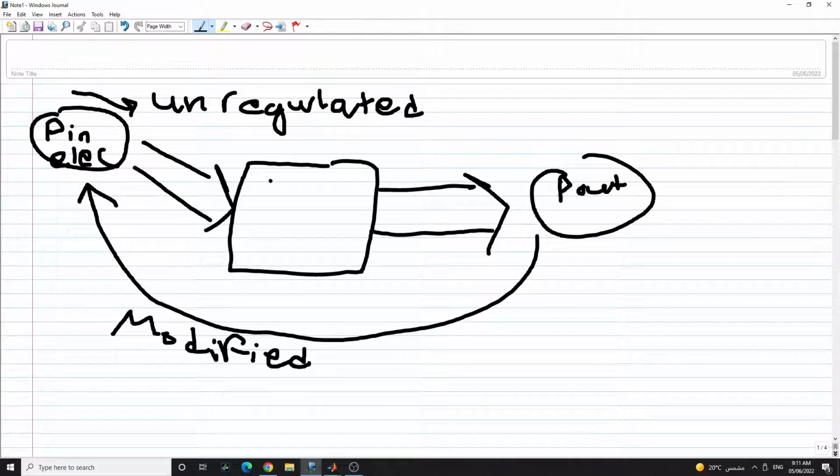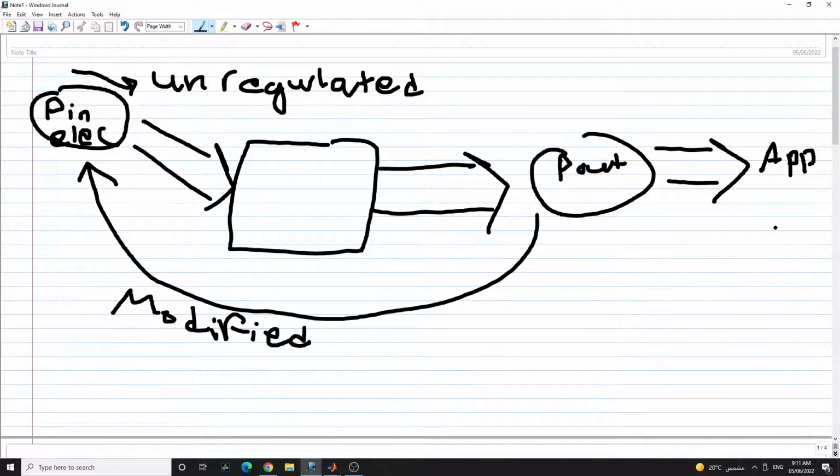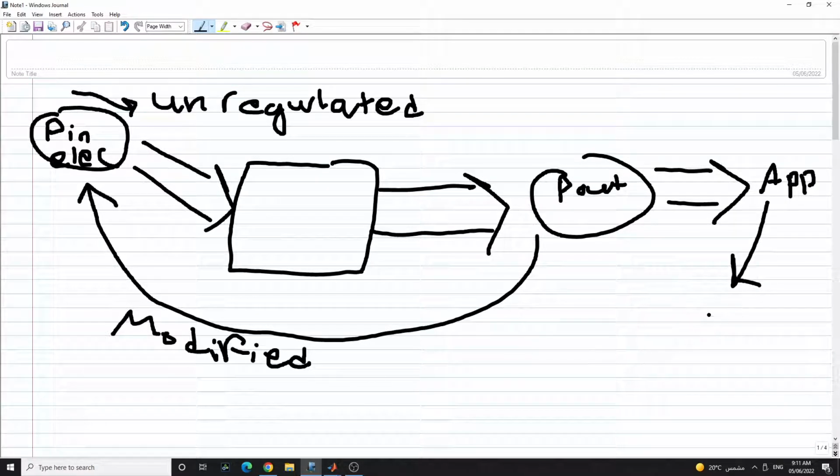And the reason we do this is so we can run some sort of application in a desired manner. Now this application can be a multitude of stuff, like for example your DC home appliances.